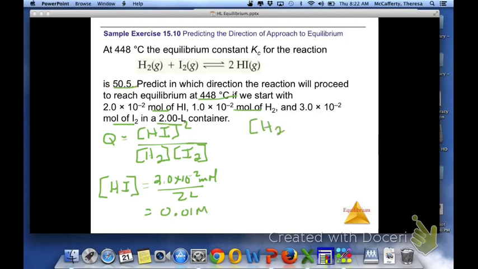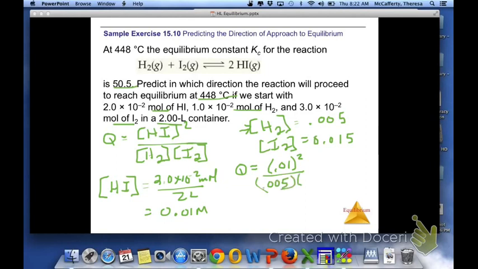Similarly, your concentration of hydrogen will be 0.005, concentration of the iodine 0.015. So looking for the value of Q, I would get 0.01 squared over 0.005 times 0.015. So Q is then equal to 1.3.